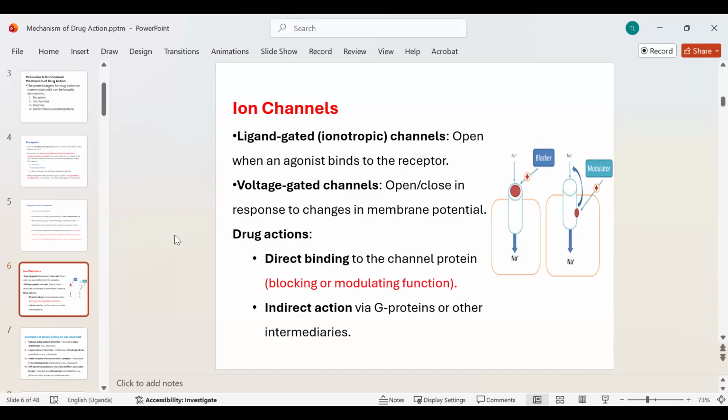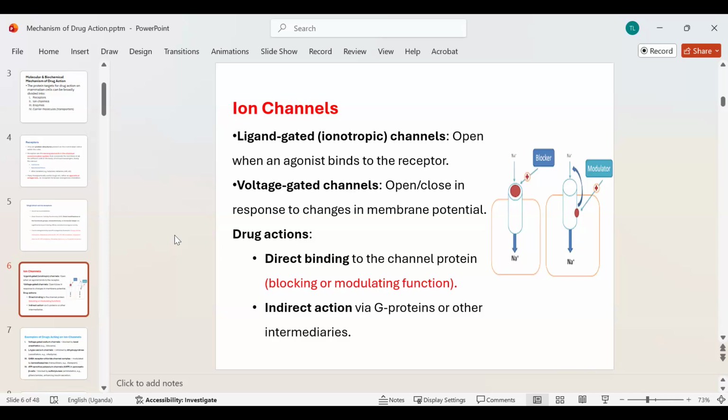So that type of receptor can be referred to as an ion channel. Sometimes they call them ionotropic receptors, sometimes ligand-gated ion channels.